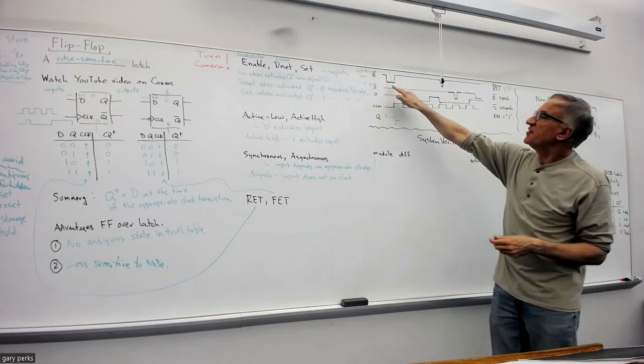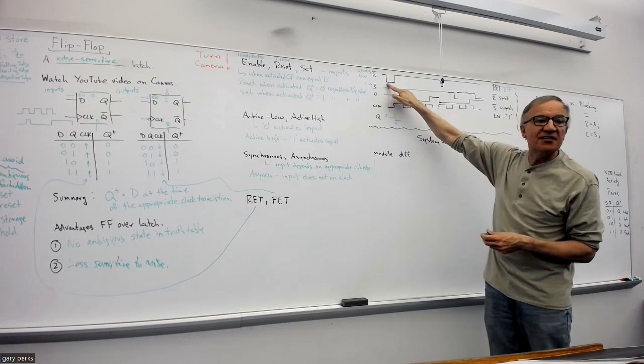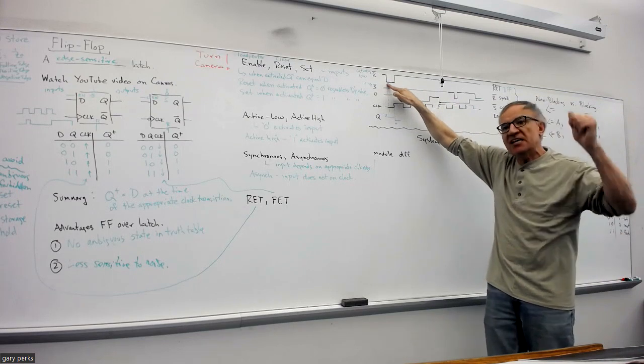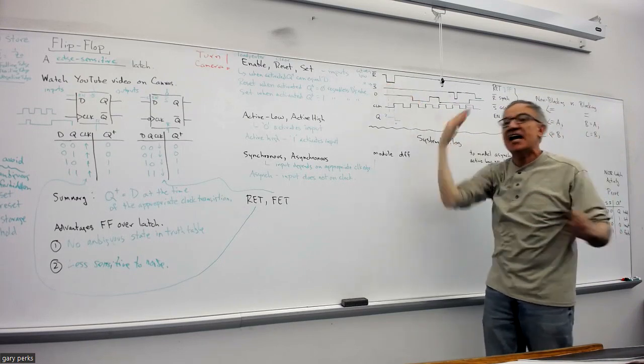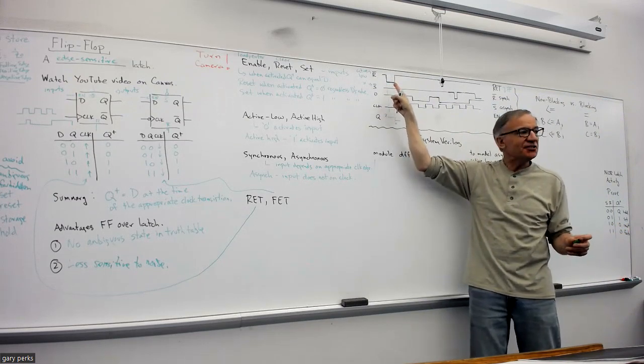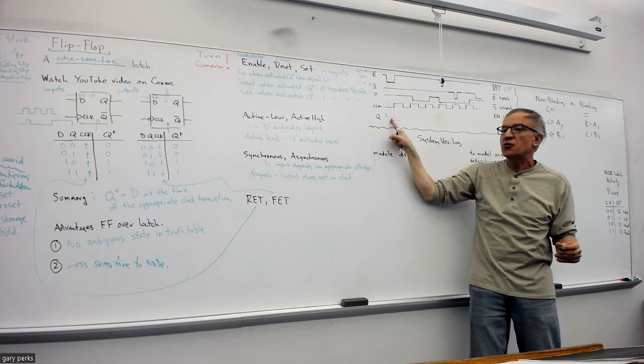See, if this was asynchronous, then the reset wouldn't happen here, right? Because if it's asynchronous, it doesn't depend on the clock. So the minute an asynchronous input becomes active, it happens, right? So you see, that would be the difference between an asynchronous reset and a synchronous in this problem. If it's asynchronous, it would go low here.